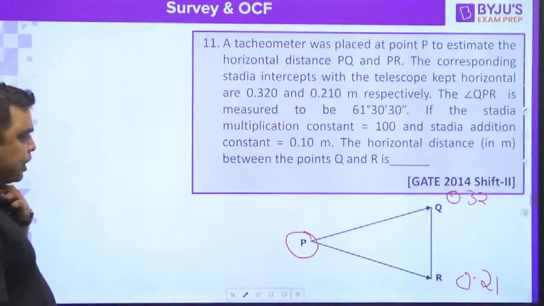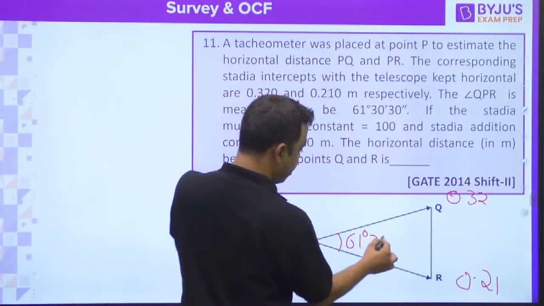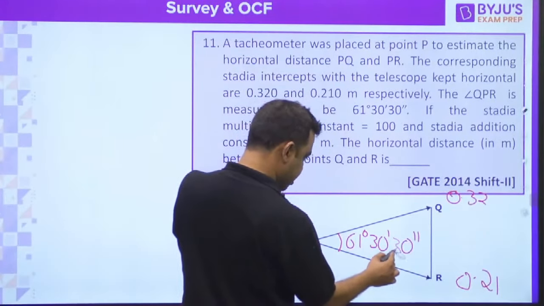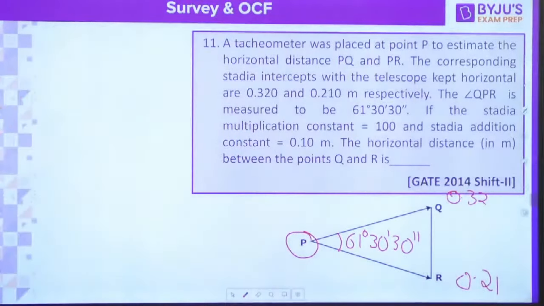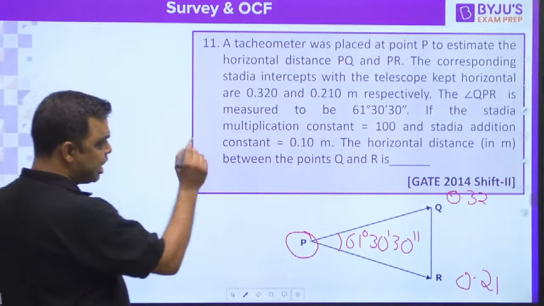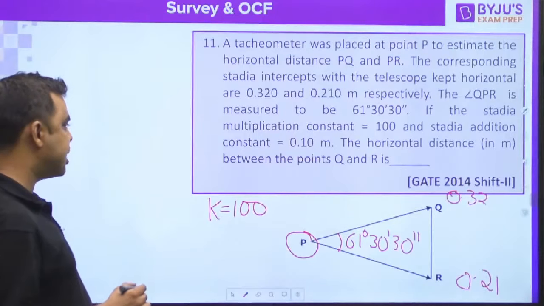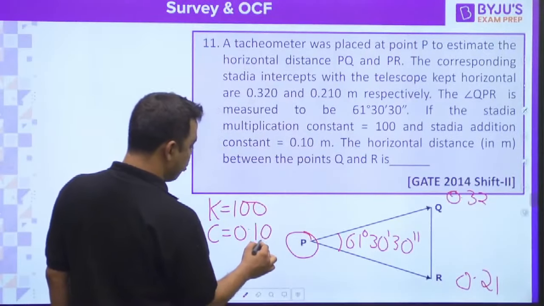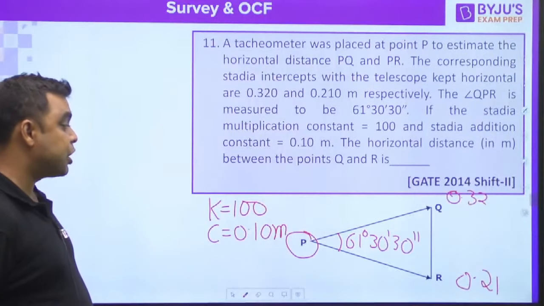Angle QPR, this horizontal angle, is 61 degree 30 minute 30 seconds. If the stadia multiplication constant K is equal to 100, and the stadia addition constant C is equal to 0.10 meters, the horizontal distance between Q and R is to be found.